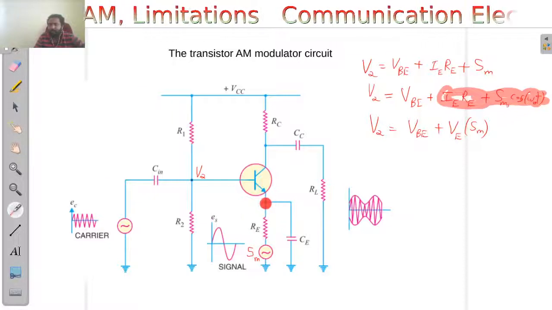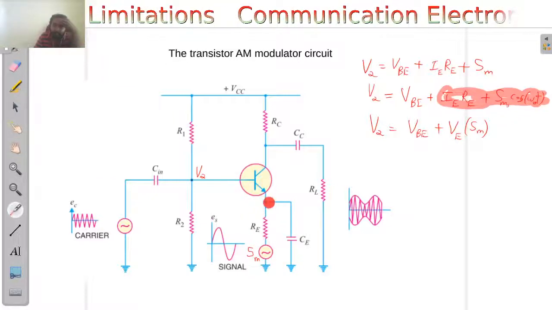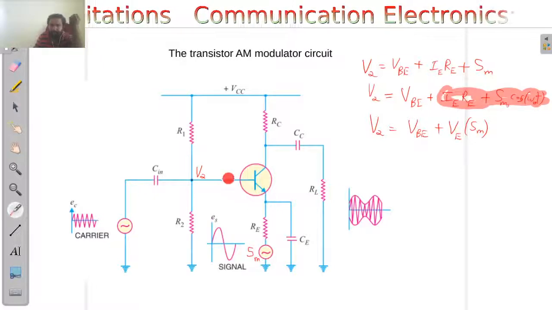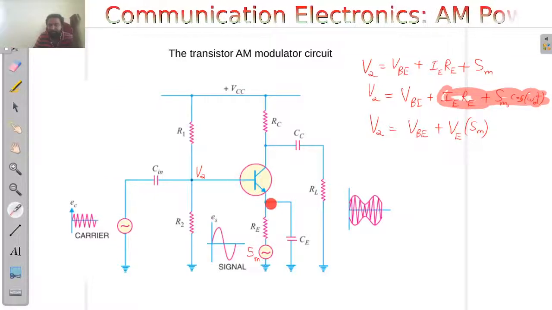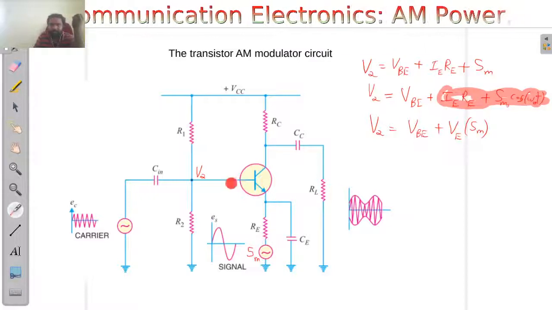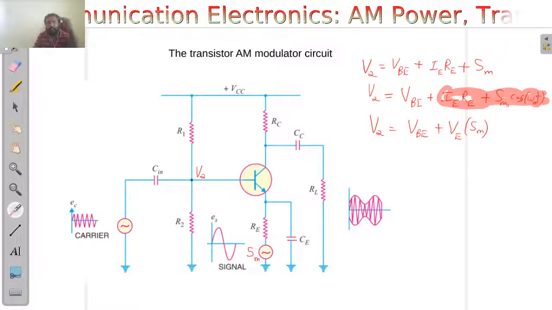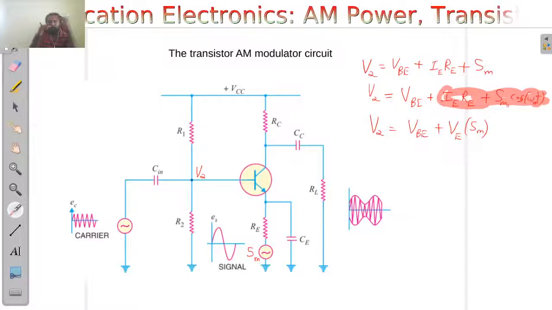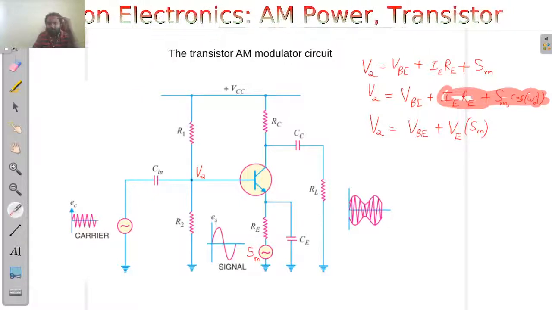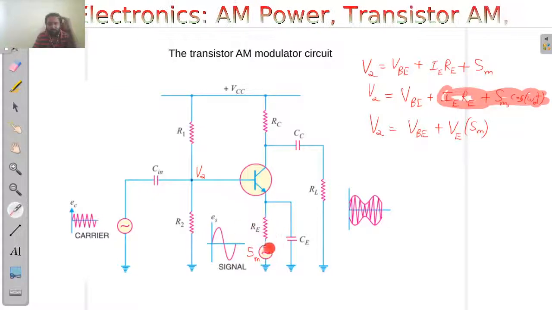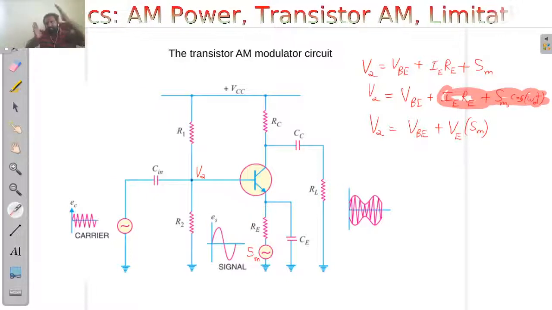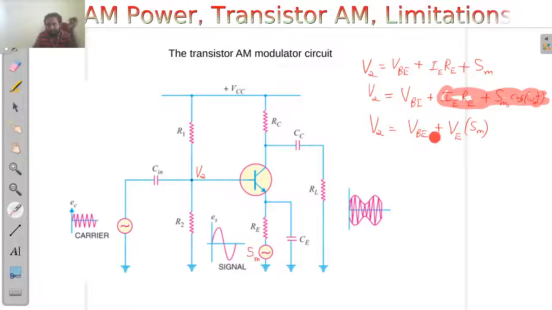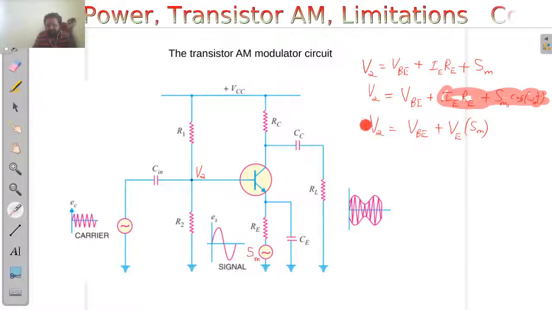At this point, the voltage difference between these two points is VBE. That voltage is determined completely by VE, the voltage due to SM and RE. Whenever this voltage increases, VBE decreases, because the voltage V2 is a constant.